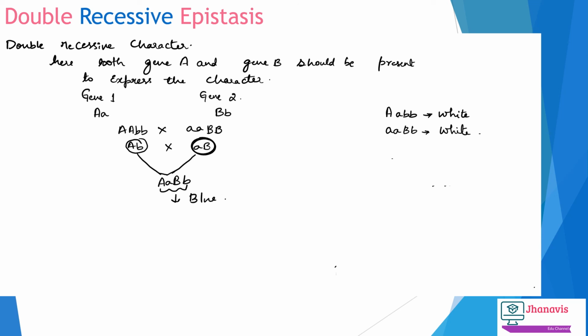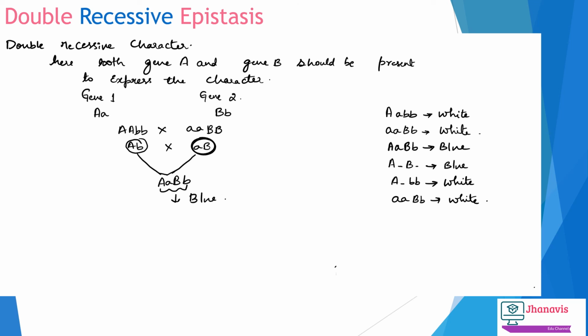Next is both small a, one capital B and one small b, then also it will show white color. If both capital A and small a, capital B and small b are present, then it will show blue color. Capital A, capital B, either it may be a capital B, then it will show a blue color. Capital A, next one it may be a small a, small b and small b, it will show white colored flower. Small a, capital B and small b will show white color.